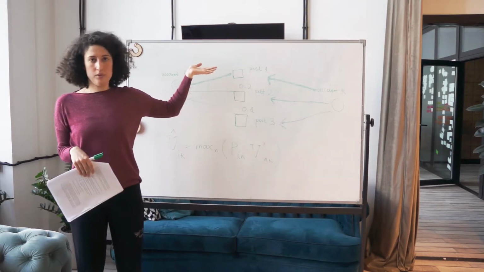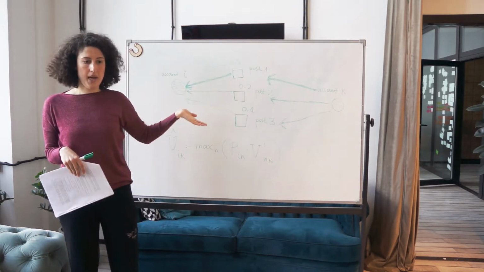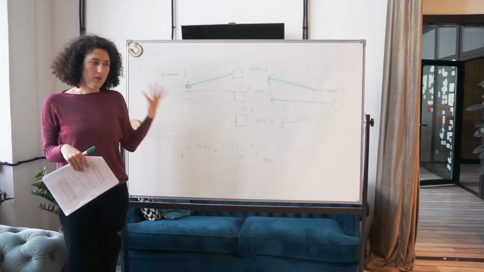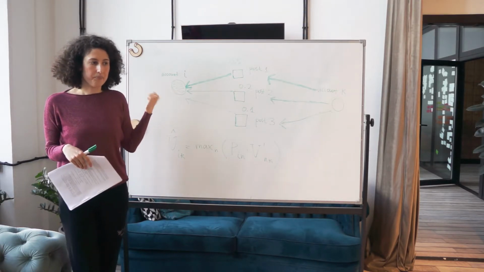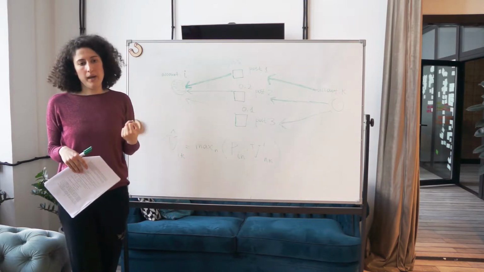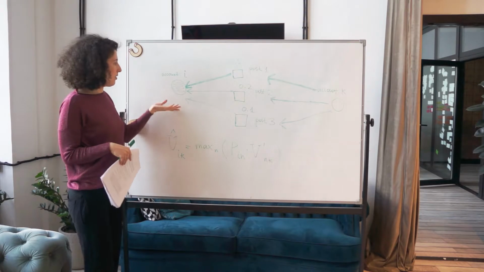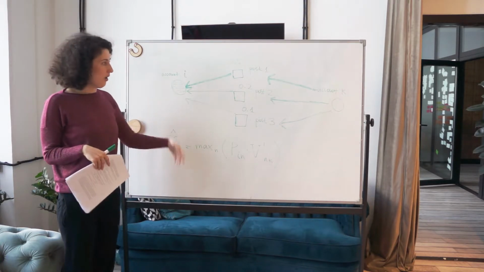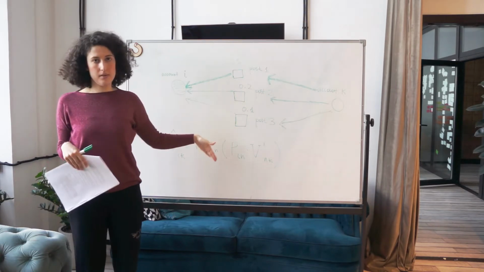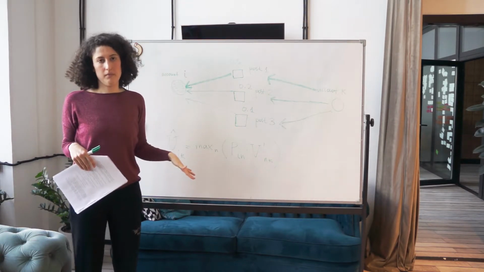Why do we choose to do it in this way? Because we want to avoid the situation where an account receives a high weight from another account simply because there are many posts that were upvoted, right?